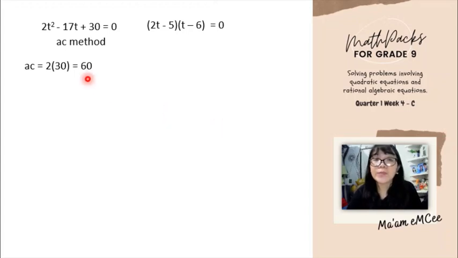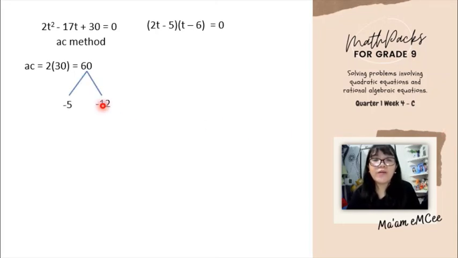60 is positive, so the two factors of 60 can only be both positive or both negative. But since your b here is negative, then we can say that the two factors are both negative. So the two numbers whose product is 60 and whose sum is negative 17 are negative 5 and negative 12.